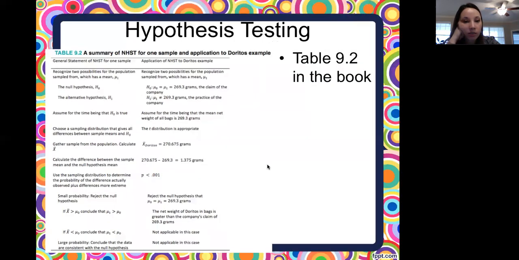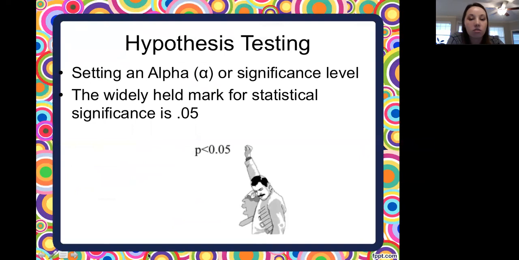So here is basically a table that's in your book that goes through each step of the null hypothesis significance testing method with your Dorito example, and basically shows how each of those steps apply to that example. Okay, so we set our alpha level, like I was saying earlier, before we gather our data. And most of the time, the alpha level that we are working with is 0.05.